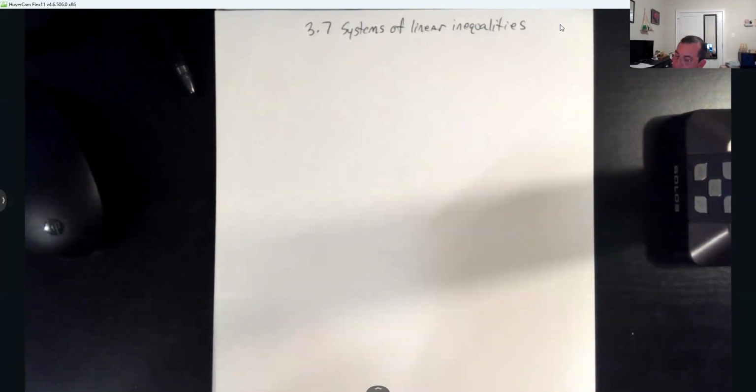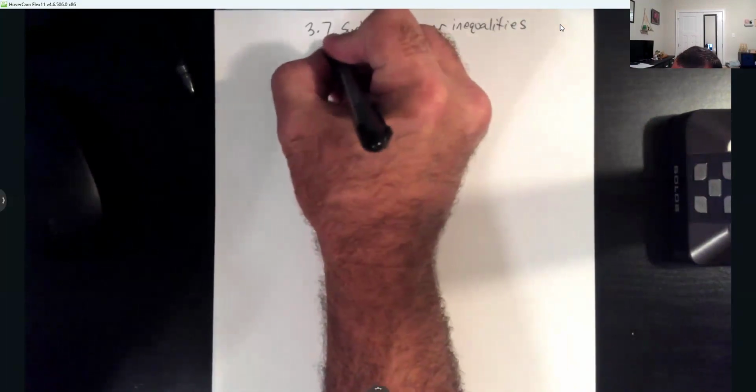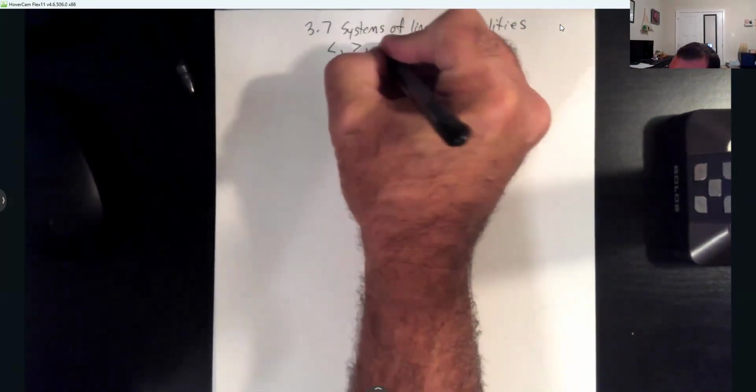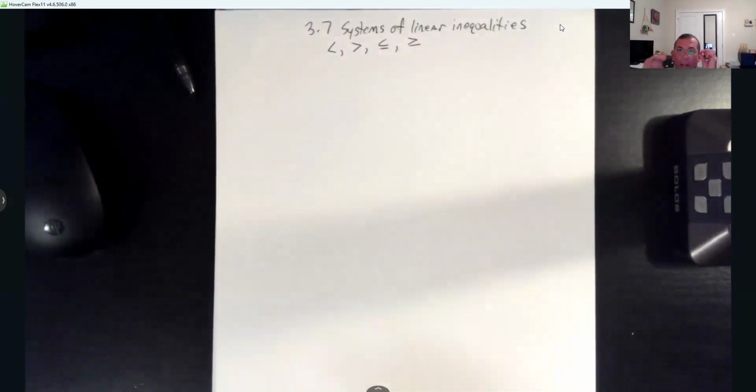Remember, when you're looking at linear inequalities, inequalities are less than, greater than, less than or equals, and greater than or equals. So we're going to solve these by basically graphing them.